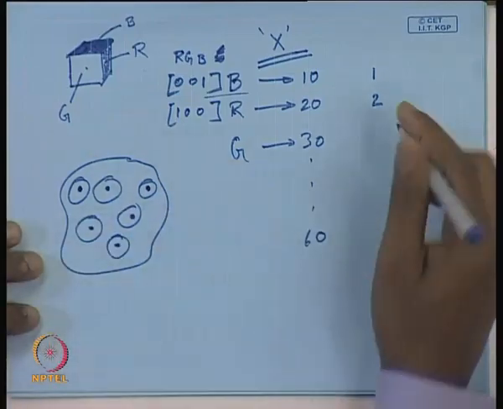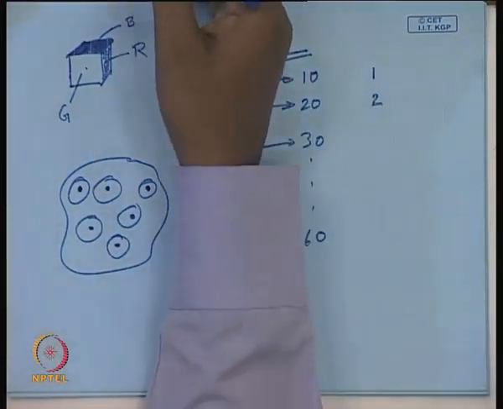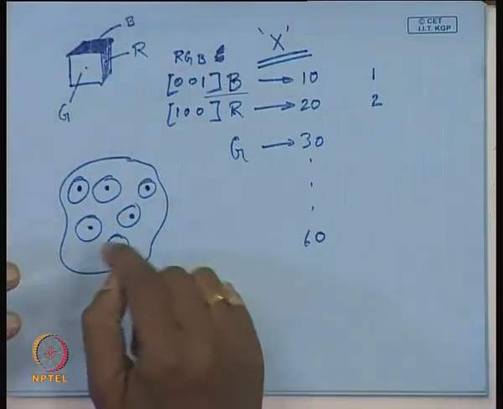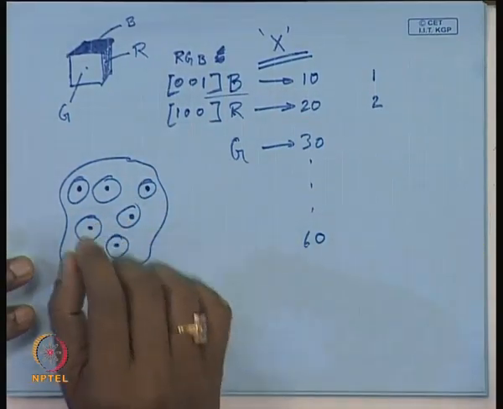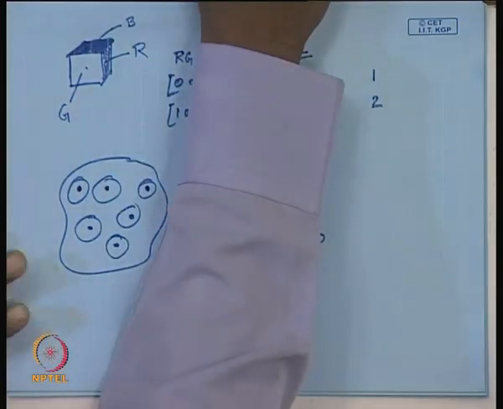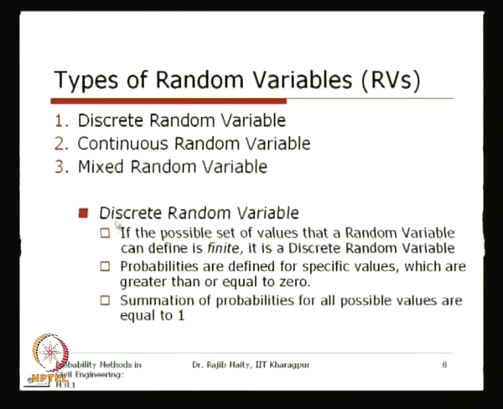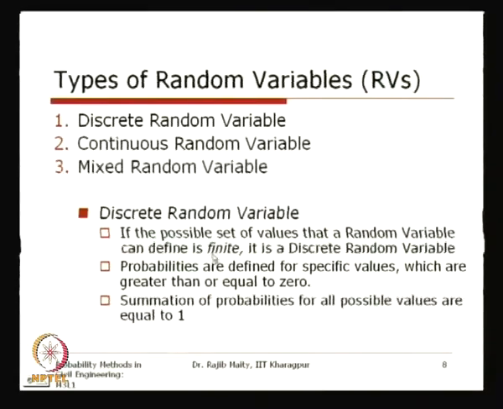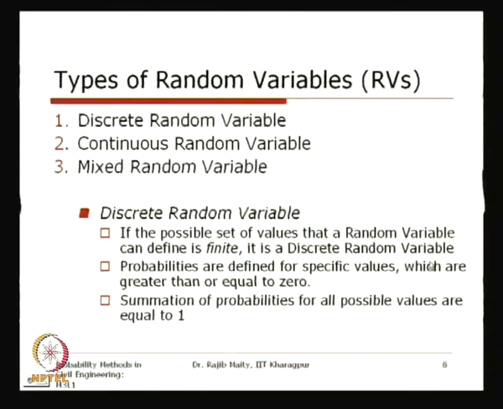It is not defined for all. Those random variables which can define the outcome of the random experiment for some specific values are known as discrete random variables.